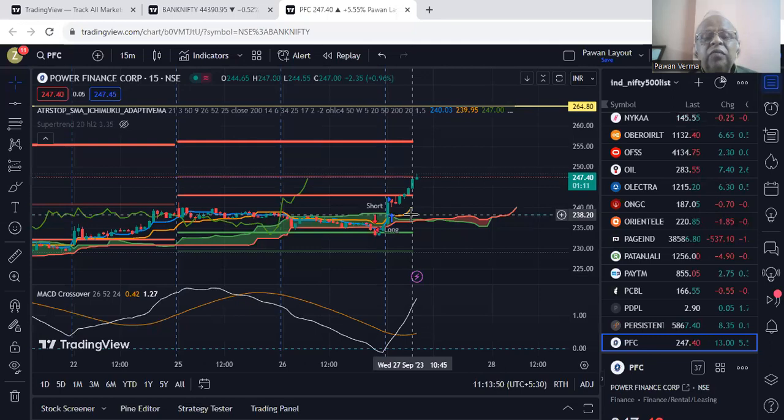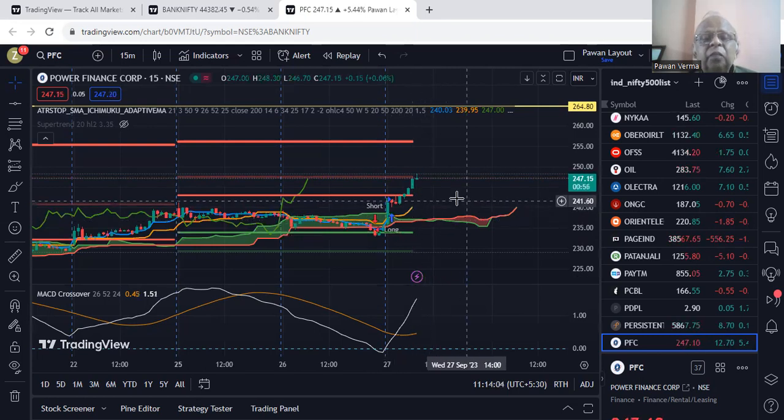Okay, friends, this is the particular point, whereas MACD has given the confirmation at around 9:45. So this particular level will be treated as the trigger price.